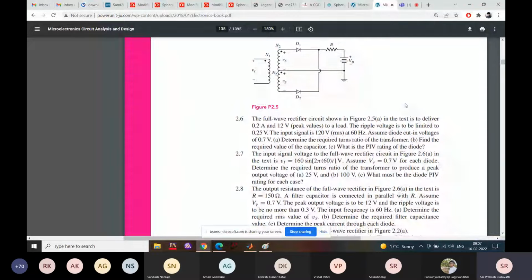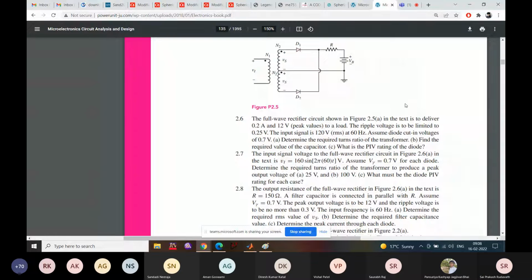Here they are using the center tap transformer. Sir, for the positive half cycle and negative half cycle, they are different, right? For the positive half cycle, the output is Vs minus V gamma, and for the negative half cycle, it is minus Vs minus V gamma.